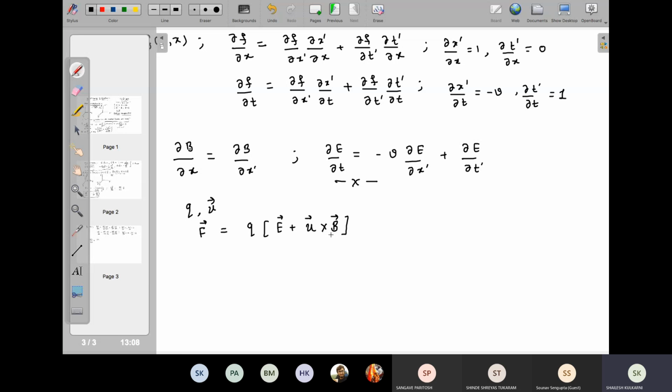Now this force in both the frames must remain same. That is, the force law must remain same.